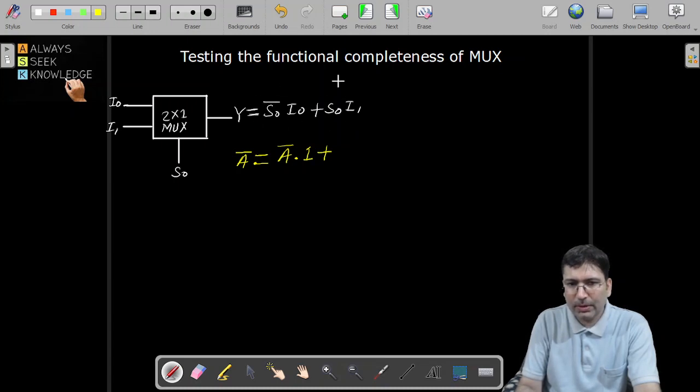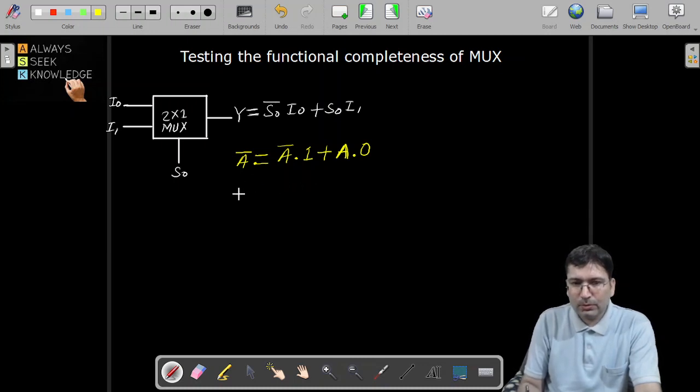And in this form, there is S0, and because I'm passing S0 as A, I would say this is A. And I1, because I don't want anything here, I want only A bar, so I will pass I1 as 0. If I write this, this is equivalent to A bar only. So you can convert to get A bar.